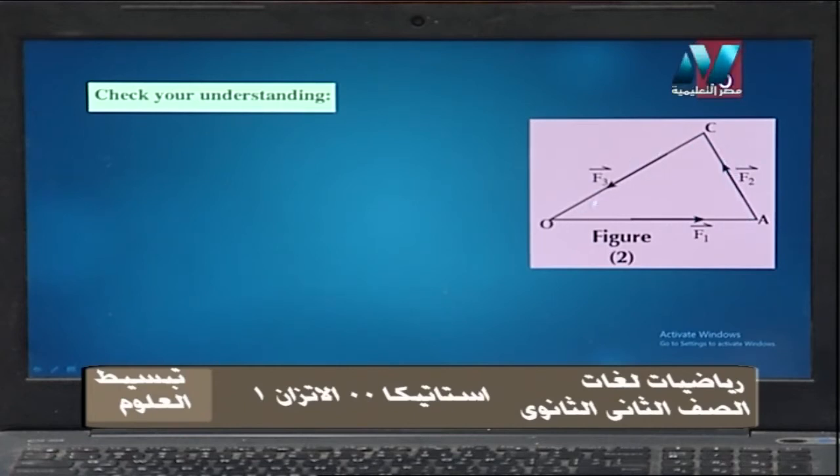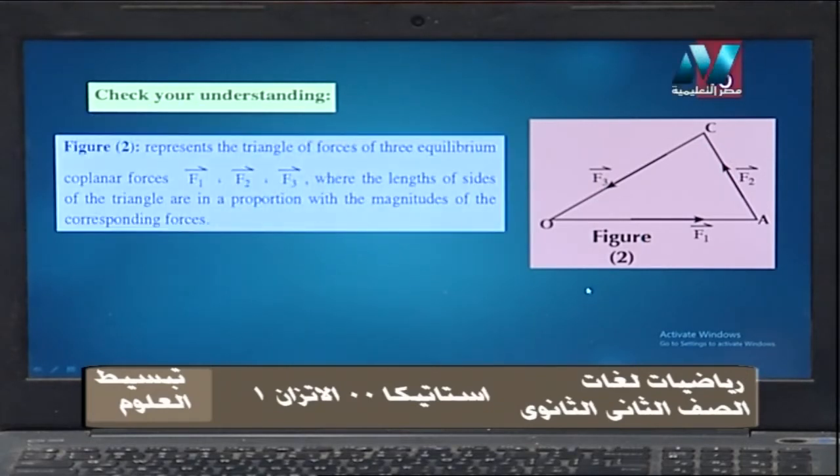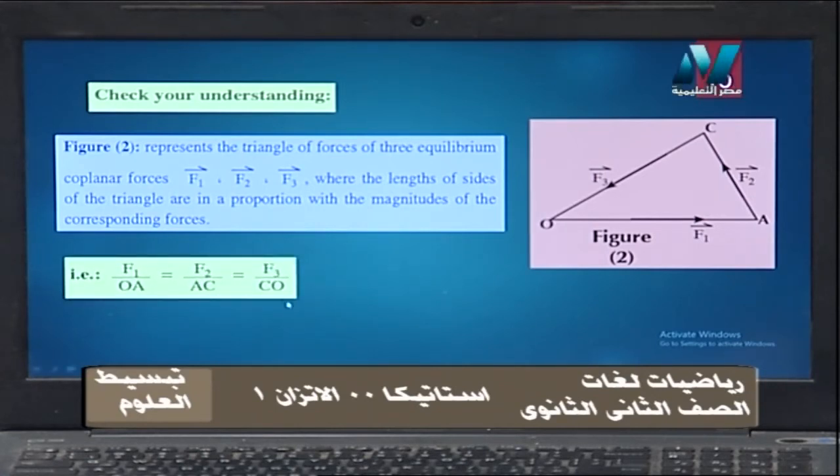They act in the same direction, so it's in the same cyclic order. Figure 2 represents the triangle of forces of three equilibrium coplanar forces F1, F2 and F3. When the lengths of the sides of the triangle are in proportion with the magnitudes of the corresponding forces, we will apply this rule.